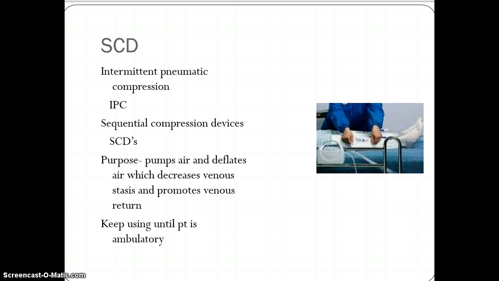SCDs, or sequential compression devices. These are throwaway items. The part that goes around the leg is Velcro, and we put those on with orders from the doctor to help compress the veins to promote venous circulation.